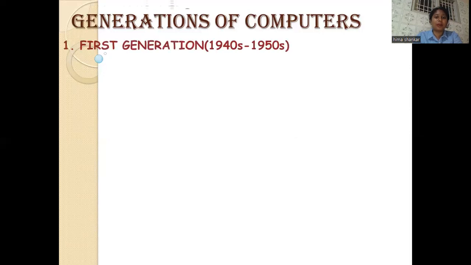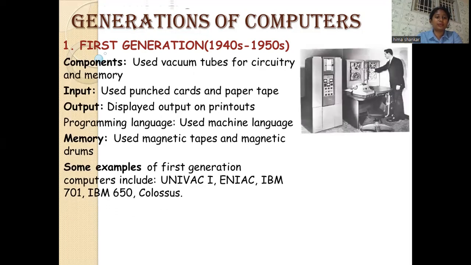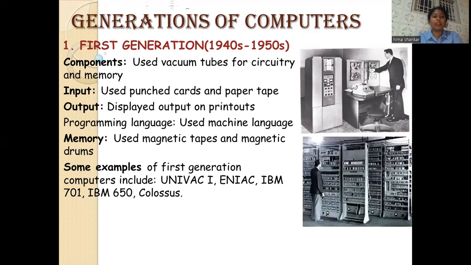And generations of computers, first generation was in the 1940s to 1950s era. Components used were vacuum tubes in the circuits and memory. Due to the use of vacuum tubes, the hardware would get heated fast and used to get destroyed fast, so they were difficult to maintain. Input used were punch cards and paper tapes.